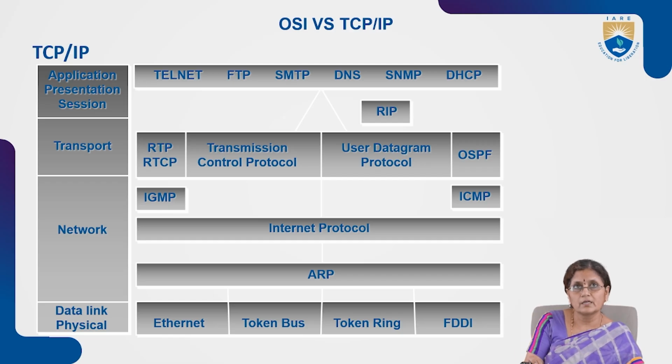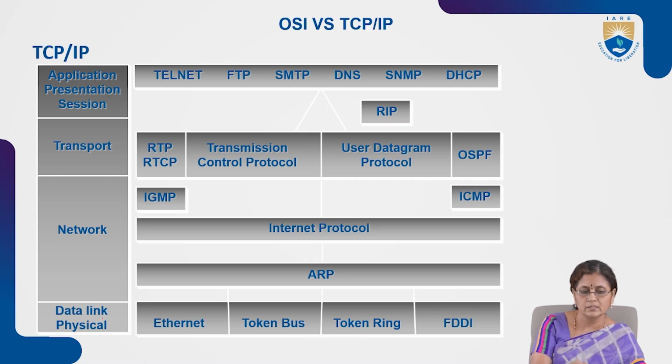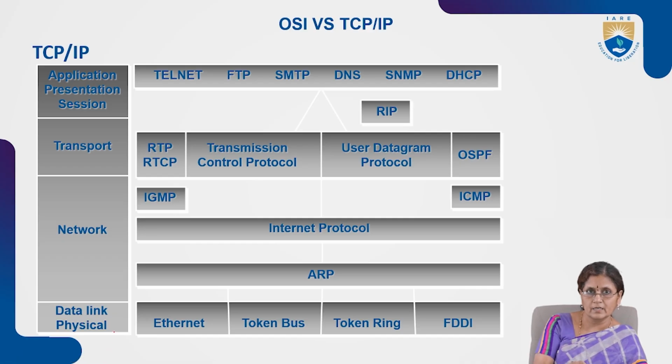So TCP/IP has four layers, as discussed in previous classes. The physical layer and the data link layer are merged together and called the link layer, or the data link physical layer.